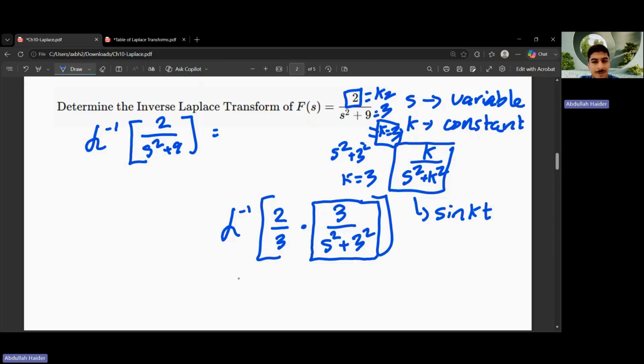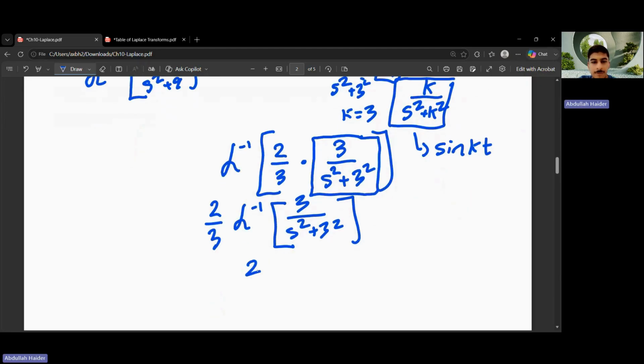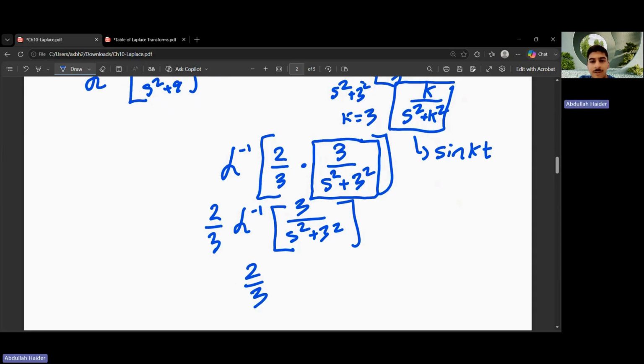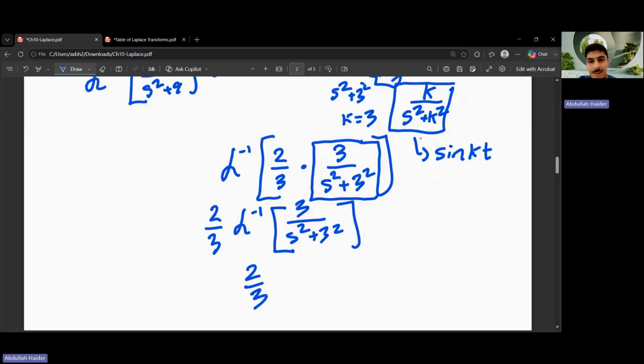If you have a constant, you can take it out and find the Laplace inverse of 3 over s squared plus 3 squared. So you'll have 2 over 3, and since you have the correct form here, sine 3t. So 2 over 3 sine 3t.